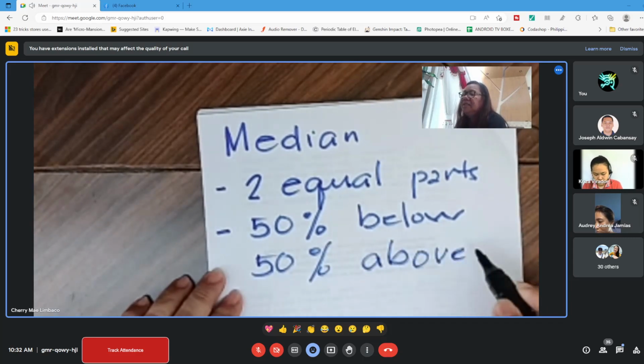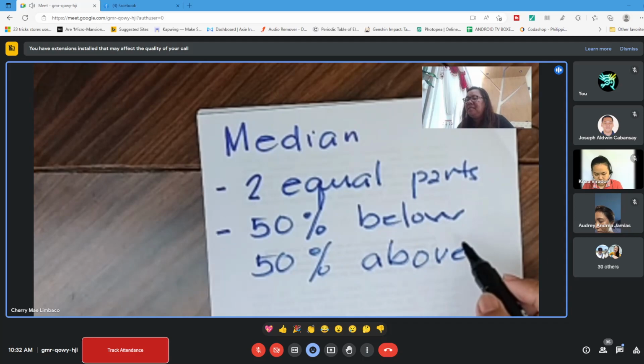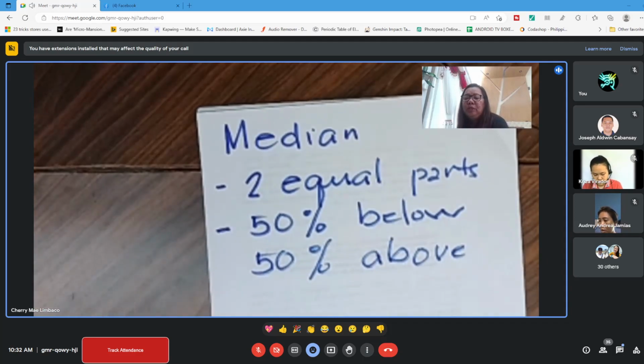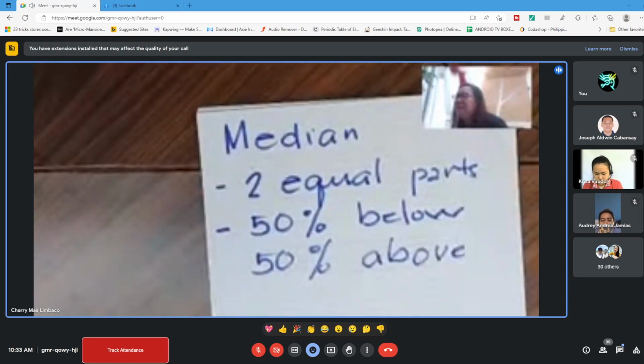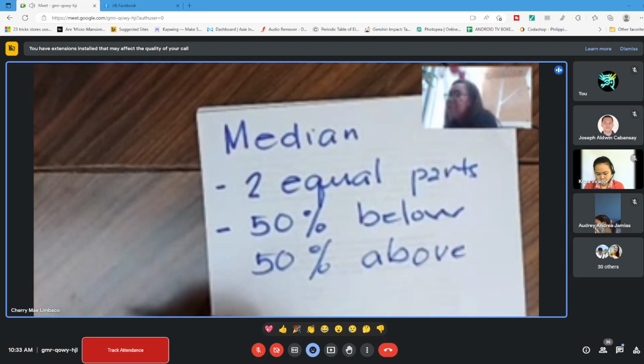Take note, in the median, the scores are divided into 2 equal parts. 50% of the scores lie below the median, and the other 50% lies above the median value. It is also known as the middle score or the 50th percentile.